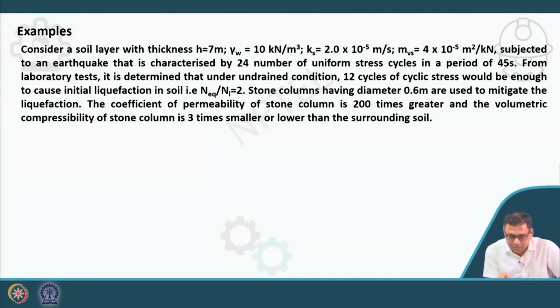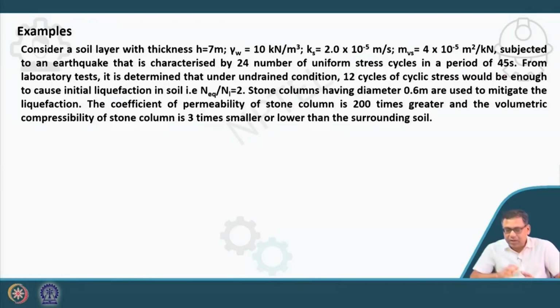So my N_EQ by NL ratio will be 2, because we have a chart for N equivalent by NL equal to 1, 2, 3, 4. That is for 2. So the initial liquefaction will occur at the 12th cycle.